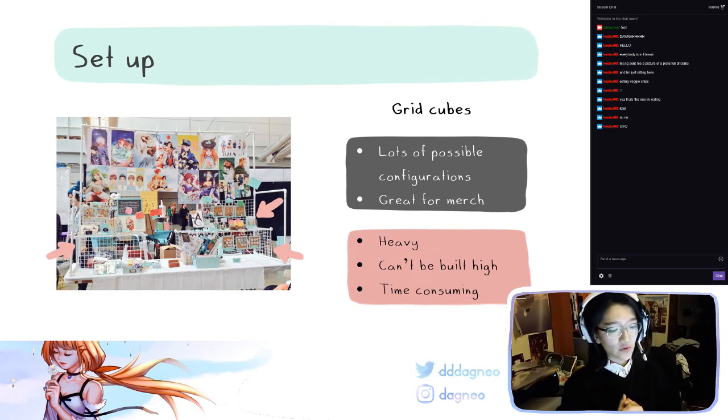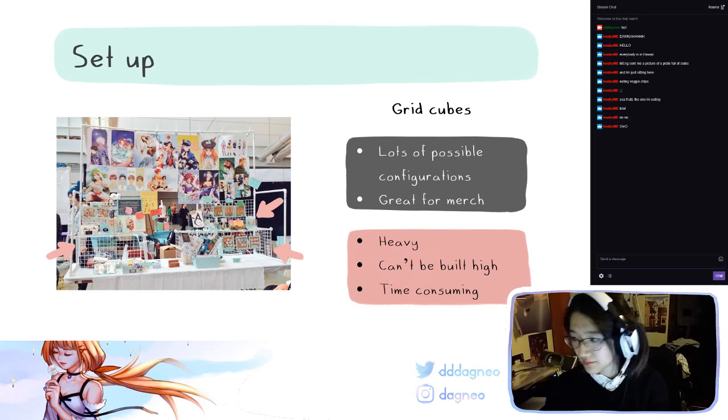So unfortunately, they're pretty time consuming, but they can do a lot of different configurations. If you're just starting out and you want to just drive to a couple local conventions for the first year or two or something like that, grid cubes might be really good. And they're really great for merchandise and things like that when you want to lift things off the table.